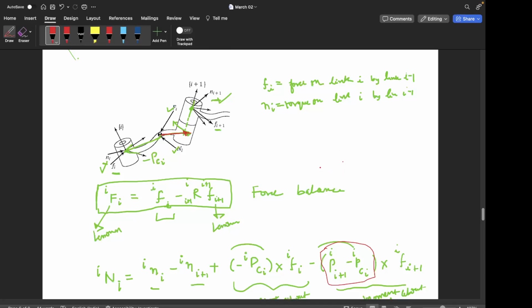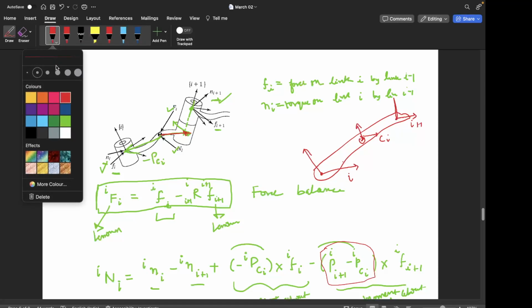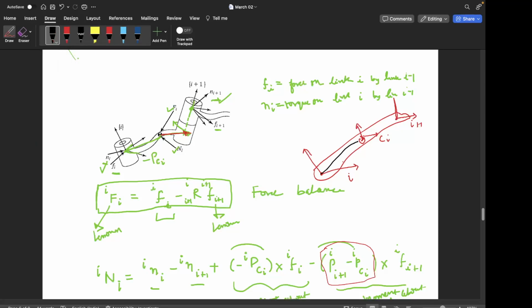So if I draw it again clearly here, this is the link, whatever link is there. Here is the ith frame. Here is the i plus 1th frame. And here is the center of mass frame. Now we define this as PCi, and we define this, sorry for the curved lines, they are vectors, as Pi plus 1.